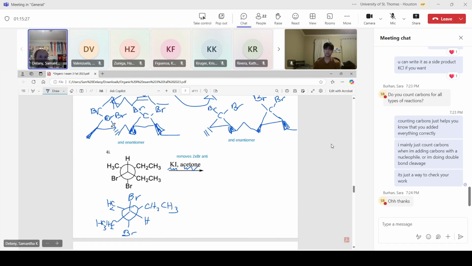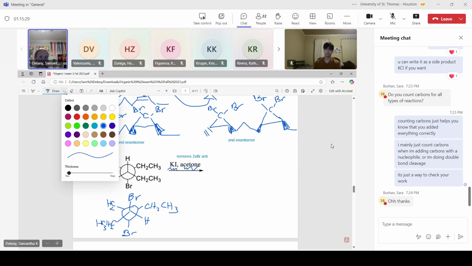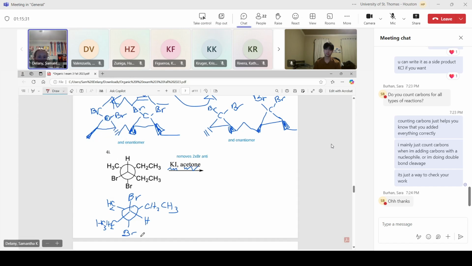Now, essentially what happens is we remove both of those bromines anti. I just drew it like this. This isn't the 100% mechanism, but it gets the gist across.